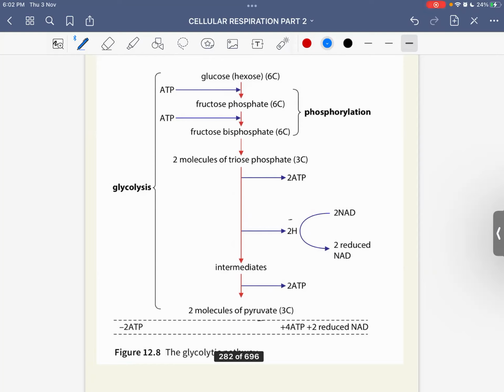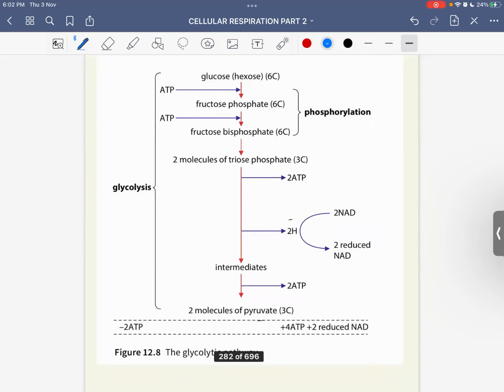Then after this 2 molecules of triose phosphate are made. So then 2 ATP are removed and then 2 hydrogen are removed. Now these 2 hydrogen we still need for later, so they are stored in NAD.